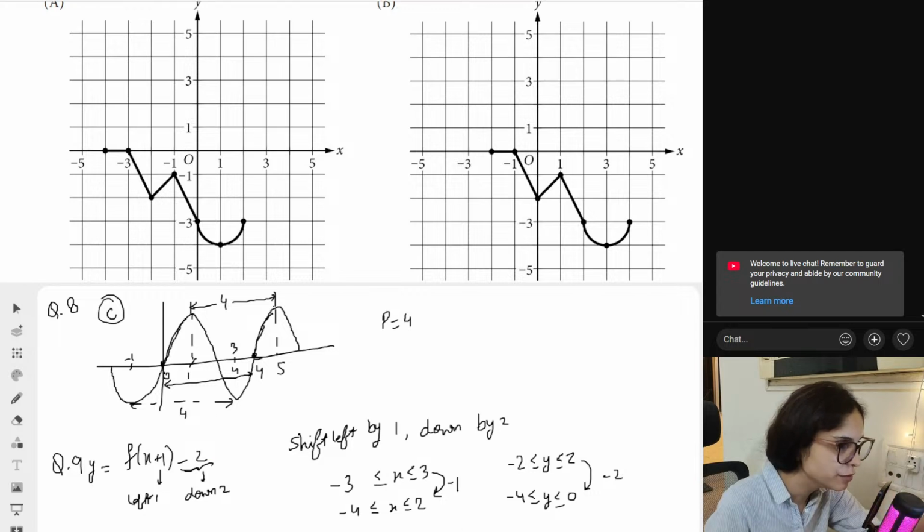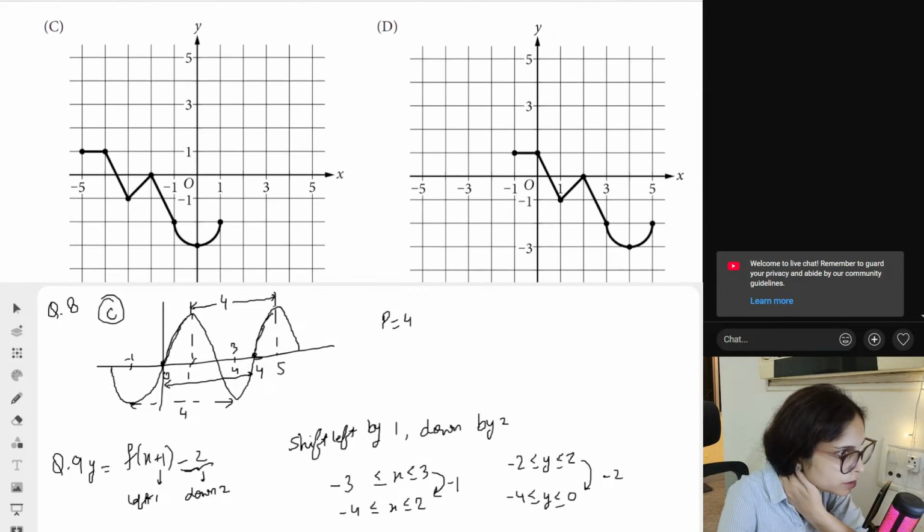So the first one, I think it is working because it is going from -4 to 0 and -4 to 2. Option B is not working because it's starting at -2 and going up to 4. It is shifting right by 1. And in option C it's starting from -5, and option D, they're starting from -1. So the only option that matches our description is option A. So the answer is option A.